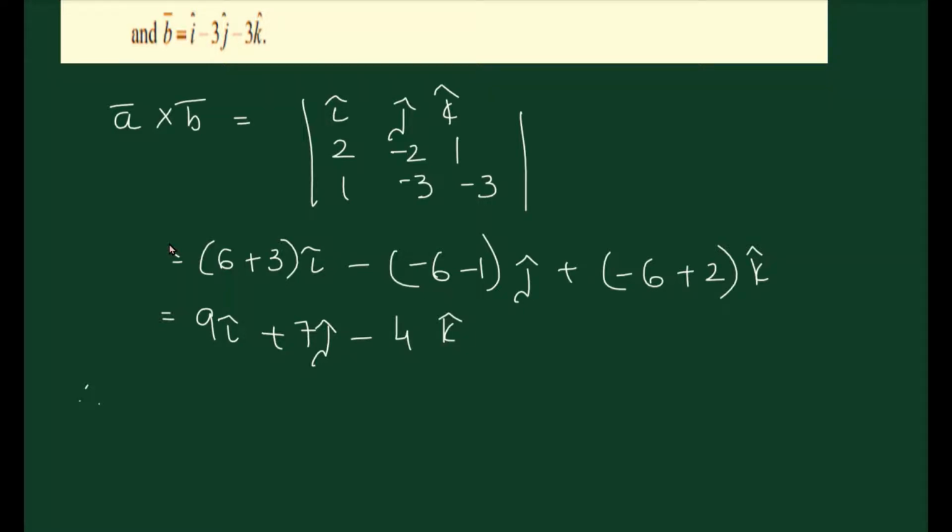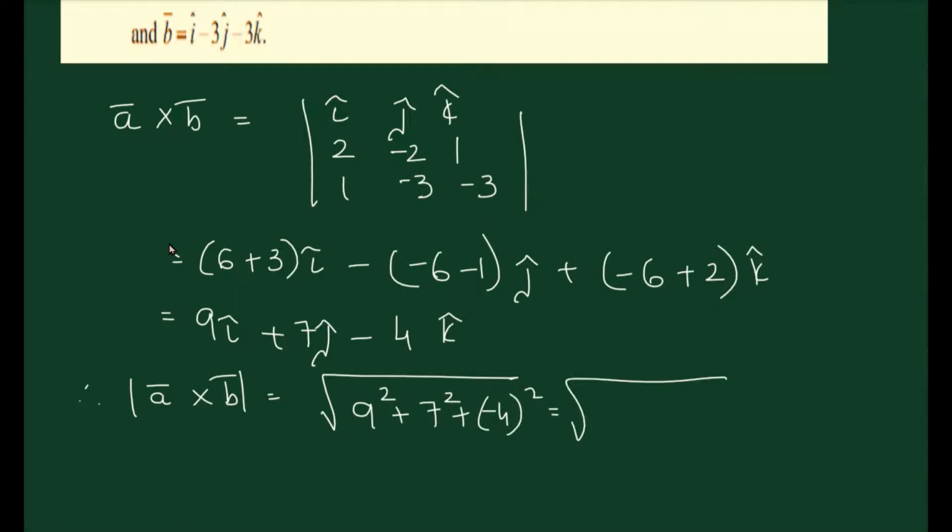And therefore, we have to find the area of parallelogram, not the vector area. And therefore, we find mod A cross B. So, mod A cross B is root of 9 squared plus 7 squared plus minus 4 squared, which is actually 81 plus 49 plus 16. And this comes out as root of 146.